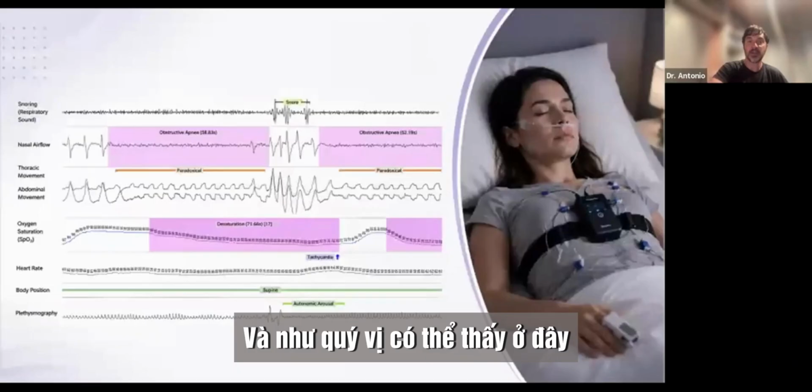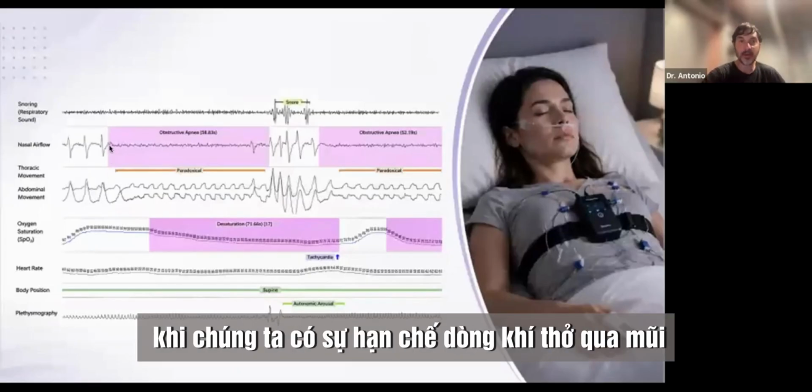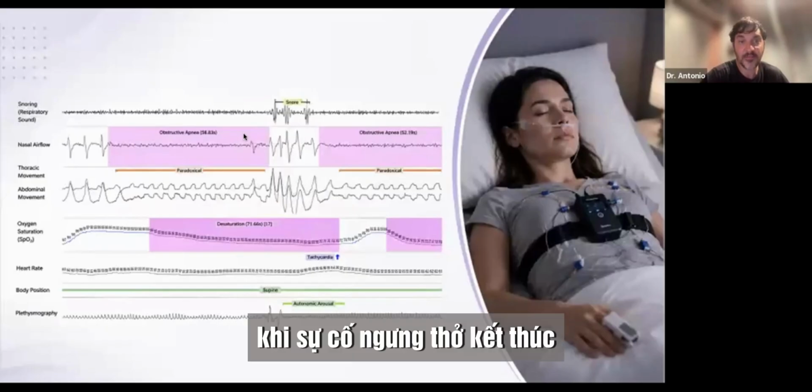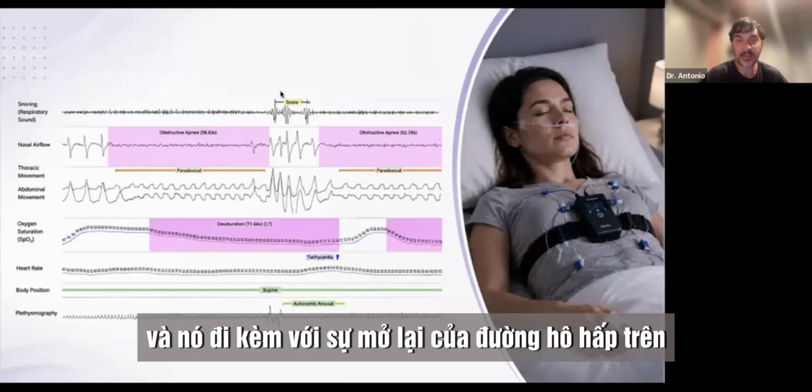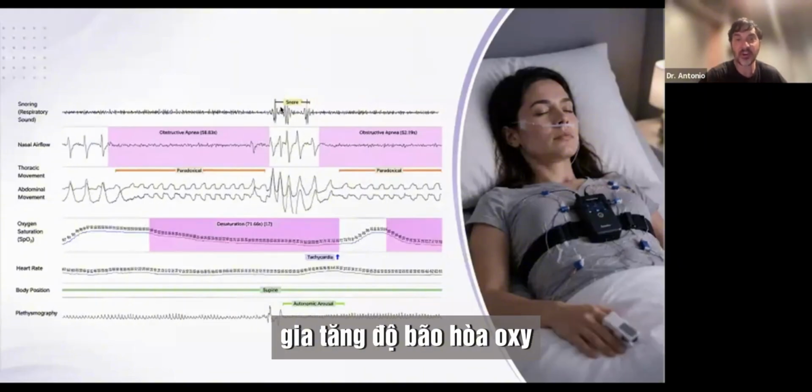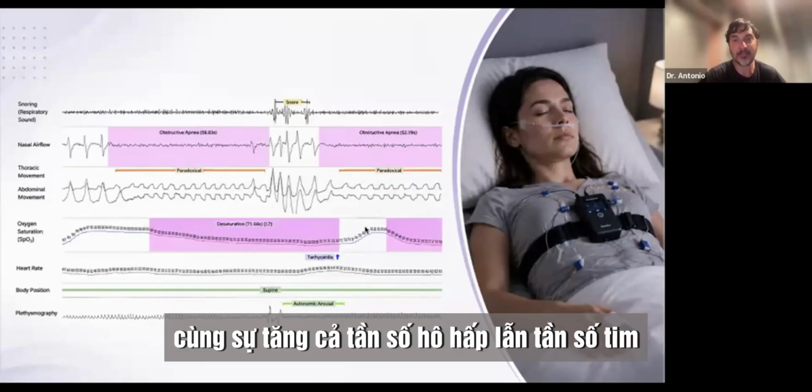As you can see here, when we have limitation of the nasal airflow and the apnea terminates, a marked snoring sound is typically observed, accompanied by a reopening of the upper airway, an increase in oxygen saturation, and a rise in both respiratory and heart rates.